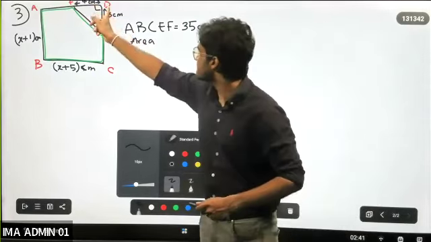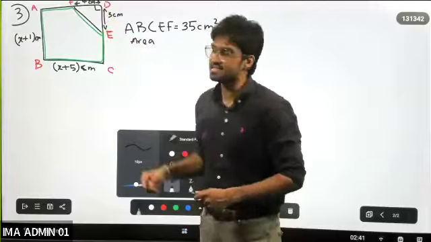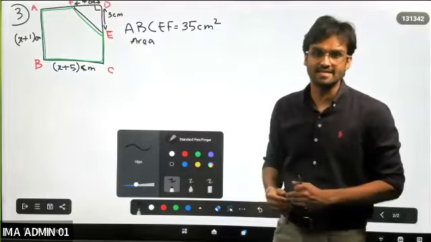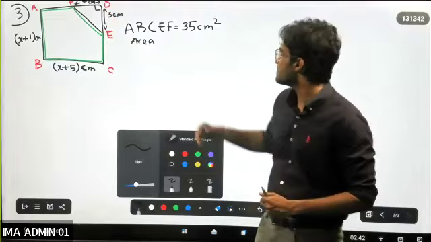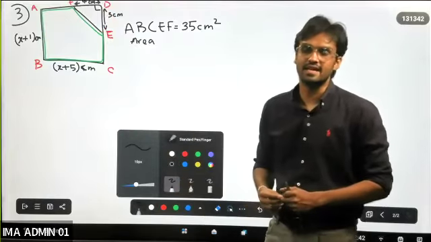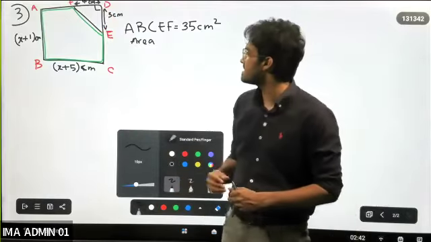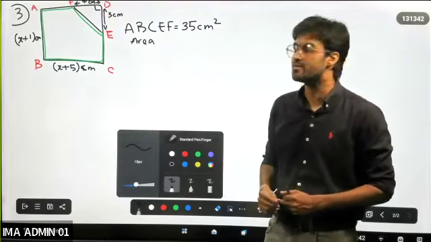You could consider one side as the base and the other side as the height of the triangle. If you know how to find the area of a triangle, you could find it with that formula.